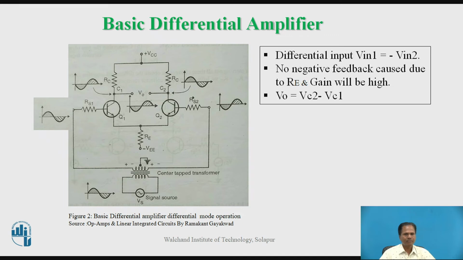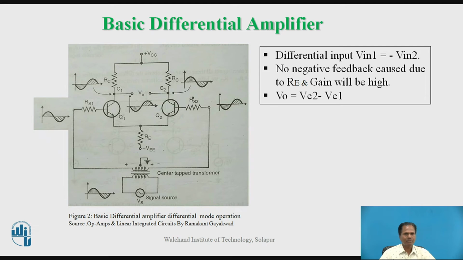So two voltages of equal magnitude and opposite polarity are applied to the two input terminals of the differential amplifier, at the base terminals of transistors Q1 and Q2. As the transistors are connected in common emitter configuration, the collector signal voltages are out of phase with respect to their base voltage signals.